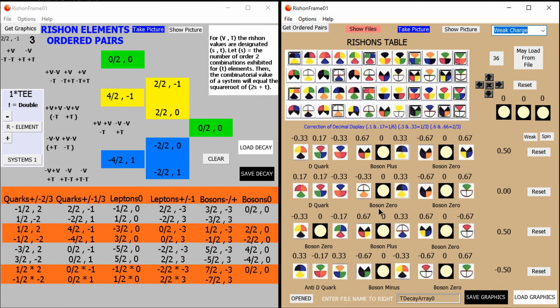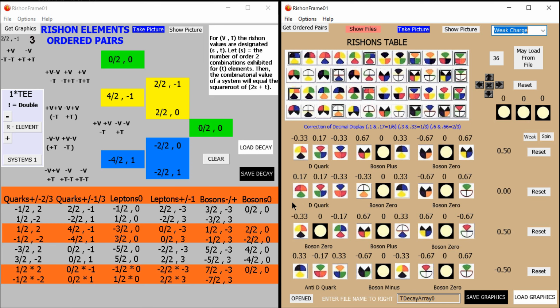And then we also have the scalar neutral boson, providing no contribution to the weak charge, and likewise this neutral boson here is providing nothing, so that we have the correct weak charge of 0 for this spin 1/2 B quark.